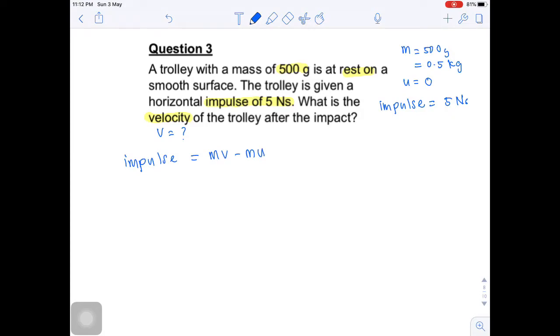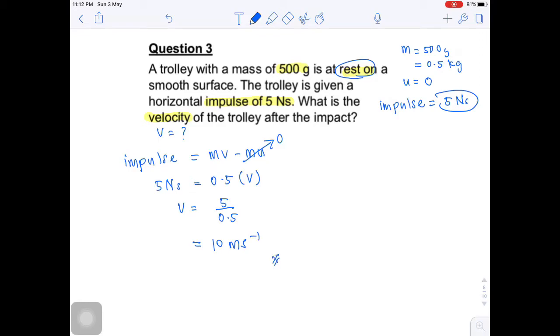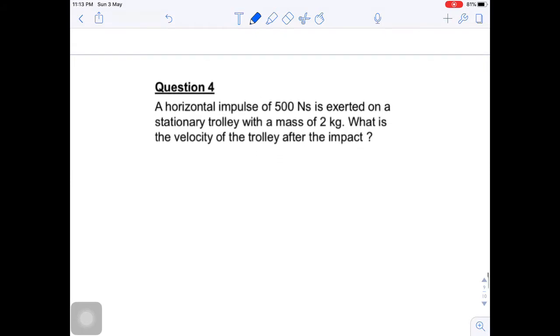Since the question said the trolley starts from rest, u is 0 and the impulse given is 5 Newton second equal to mass 0.5 kilogram times v. So v is equal to 5 divided by 0.5 equal to 10 meter per second. So that's all. Okay, next question is question number 4.